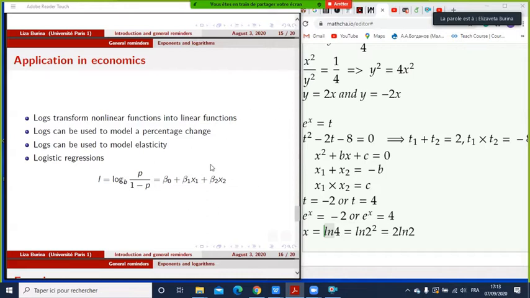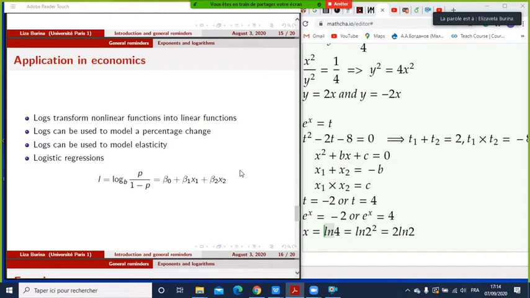So this is just to stress how important logs are, not to scare you, but to motivate you to work on logs a little more.